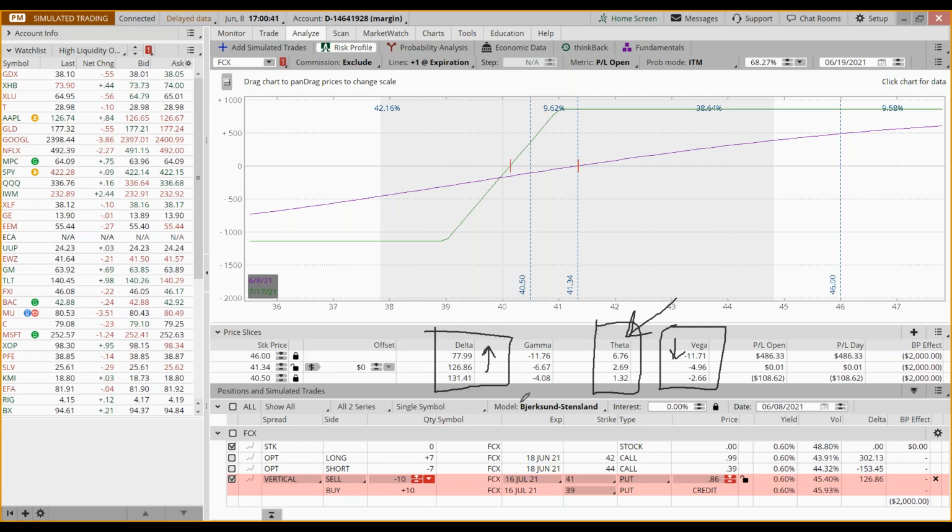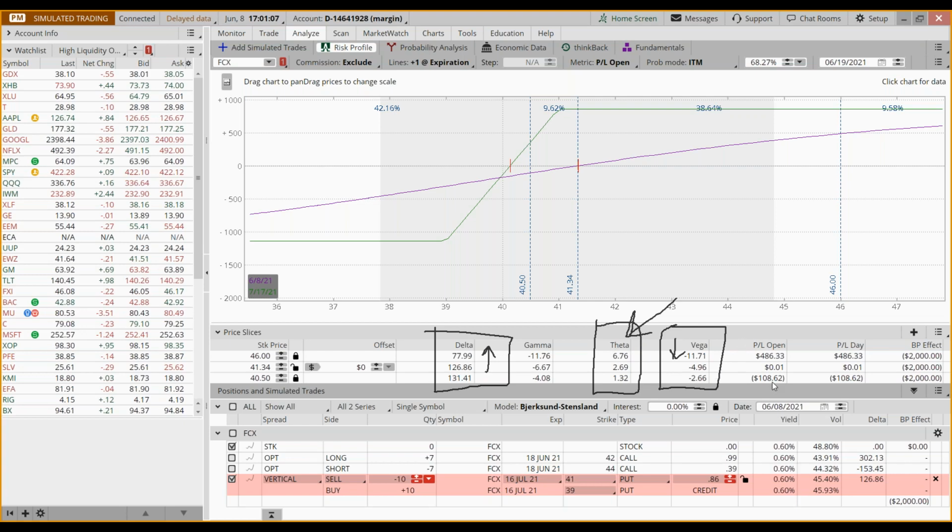I'm delta positive. What's the order? Well, you can see the delta is significantly larger than the theta or the vega. So delta is the driver. That means the direction of the trade is the driver. I'm directionally biased. I make some money from time, some money from volatility dropping, right?